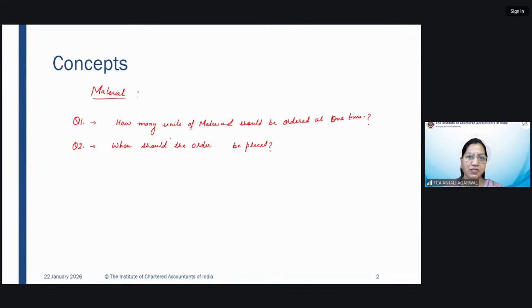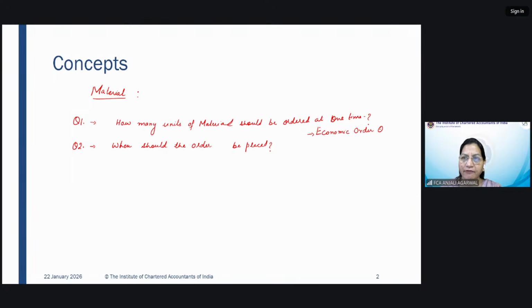So the first question is how many units of material should be ordered at one time? And the second question is when should the order be placed? The answer to the first question lies in the concept of economic order quantity. How much should be the order placed? That is called the economic order quantity.